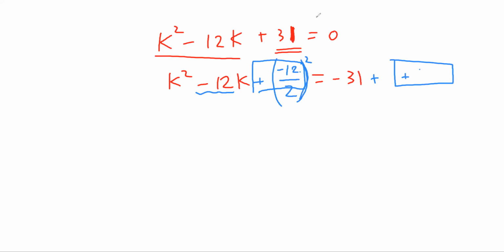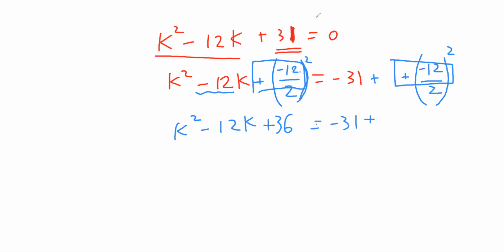The same thing. Half of it and square it. All right, so let's rewrite it here. Here it's actually 36, right?